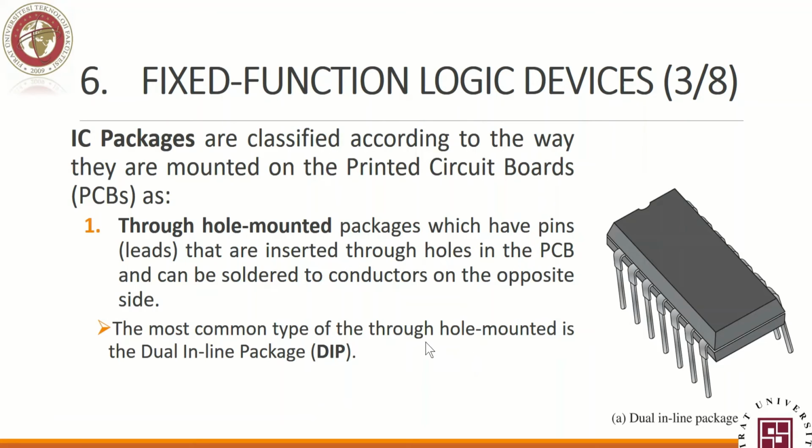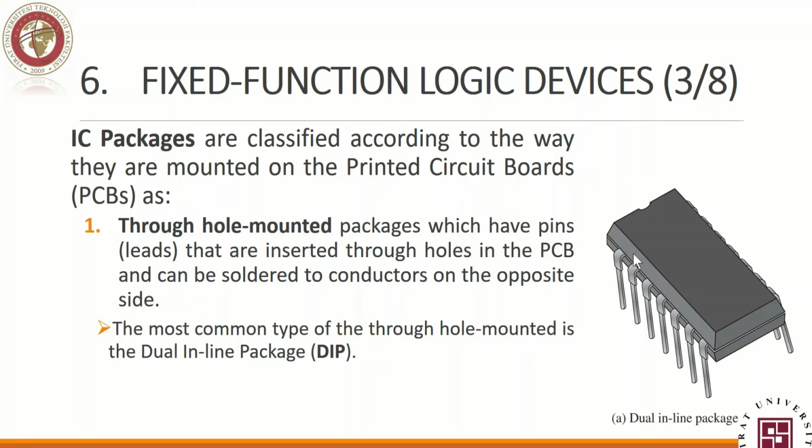Okay. We have two different types of packaging. The first one, we call it through-hole mounted. For the through-hole mounted, usually we have longer pins, and they pass through a hole on the circuit board, or the printed circuit board, PCB. This one is used for the design. We have standard PCBs.